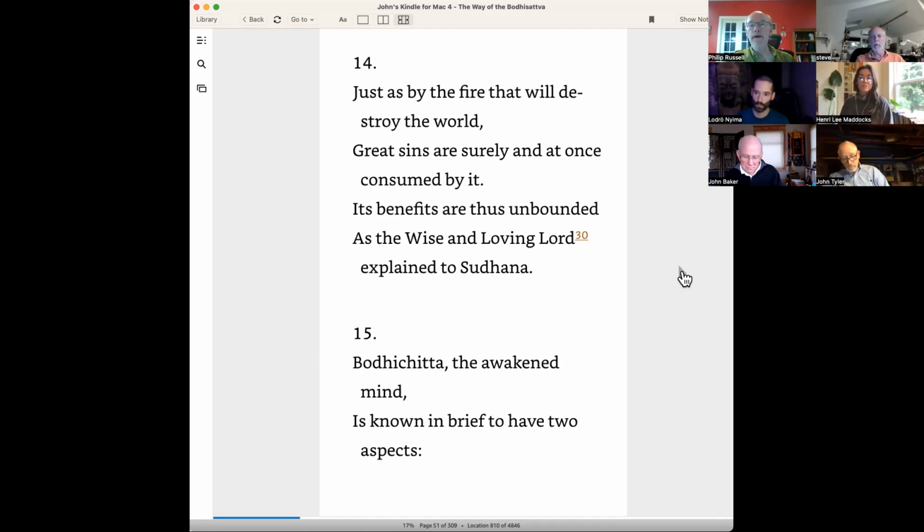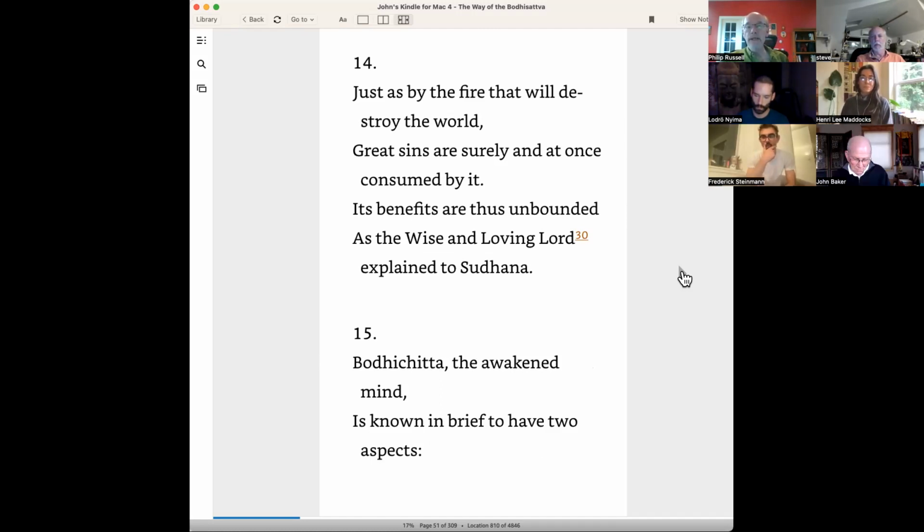Just as the fire that will destroy the world, great sins are surely and at once consumed by it. Its benefits are thus unbounded, as the wise and loving Lord explained to Sudhana. The wise and loving Lord is the Buddha of the future, Maitreya. And he explained this to the disciple Sudhana, that there are three main benefits of bodhicitta.